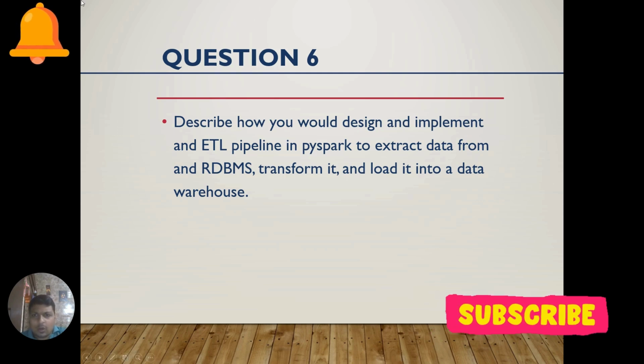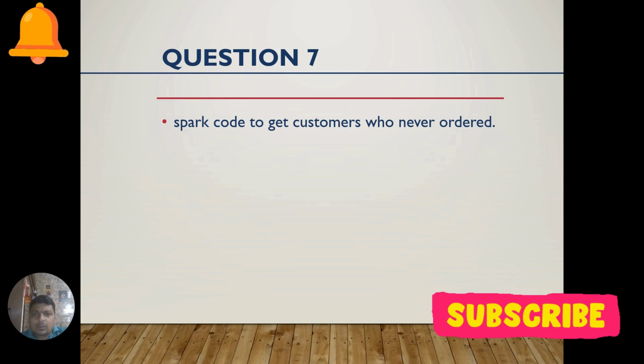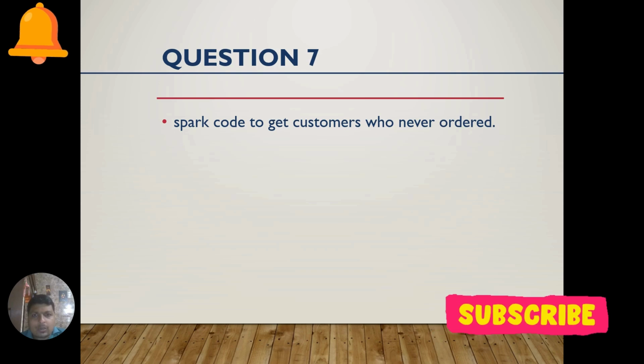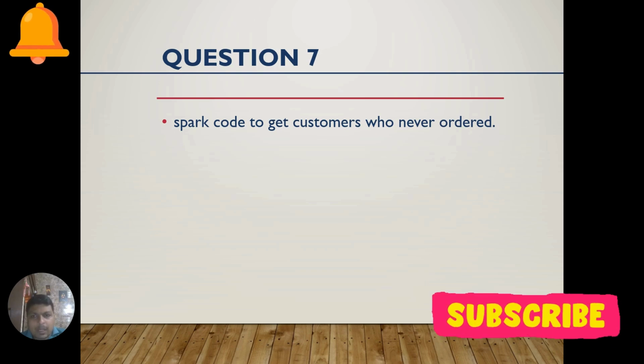Now I'm moving to the seventh question. Suppose there is a customer table, and there is an order table that contains the order details. You have to write PySpark code to get customers who never ordered any item.